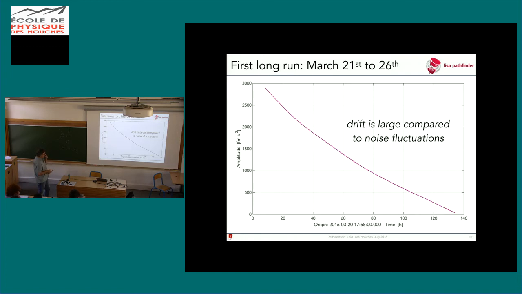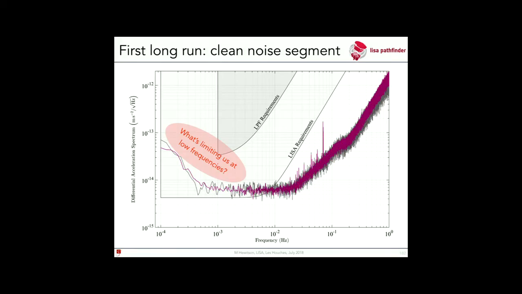And that's almost entirely driven by the fact that we're throwing away cold gas to thrust the spacecraft around. So we're losing mass, and that changes the distribution across the satellite of the DC forces acting on the test mass. And so we could actually control that by using mass from different tanks. We could use the gas from the different tanks and control whether this drift was negative or positive, and so we tried to keep it around 0 in the end.